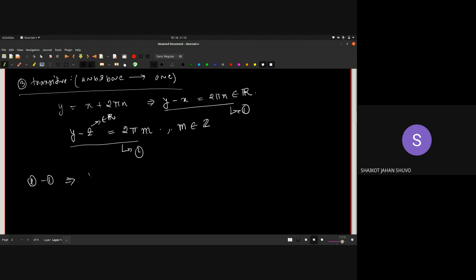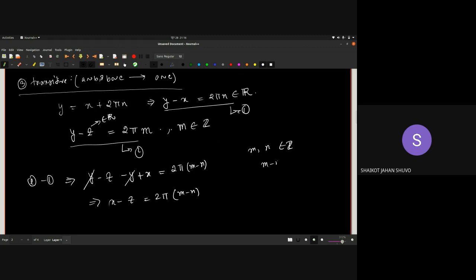then you will have this y minus z minus y plus x is equal to what? 2 pi (m minus n), right? So you can see that this y gets cancelled. x minus z is equal to 2 pi (m minus n), and m and n, both of them belong to some integer, right?